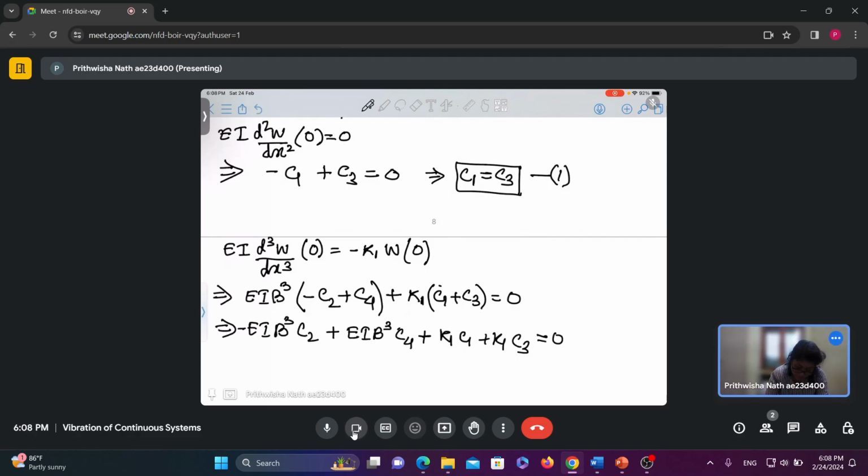Now we know that C1 equals C3, so we can write this as EI beta cube C2 plus EI beta cube C4 equals 2K1 C3.